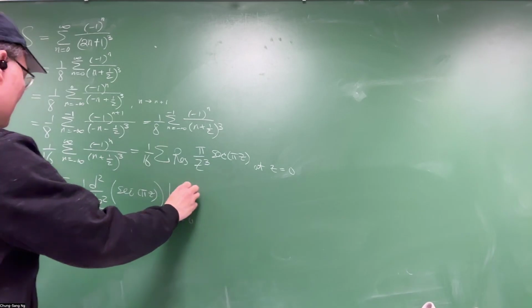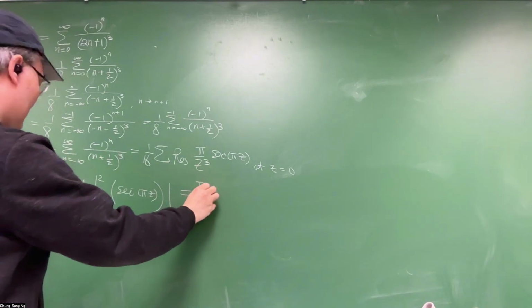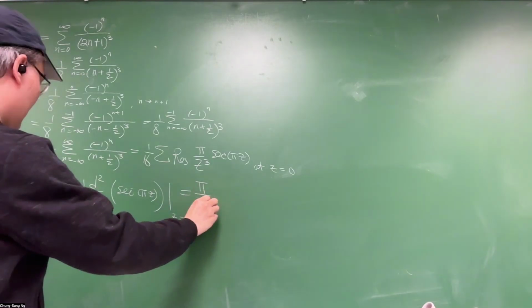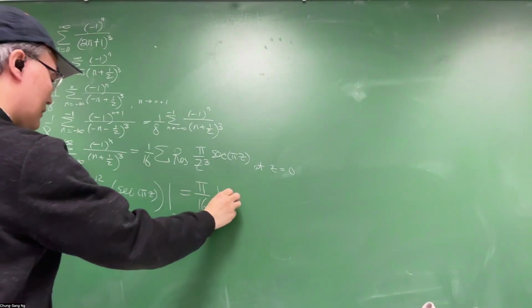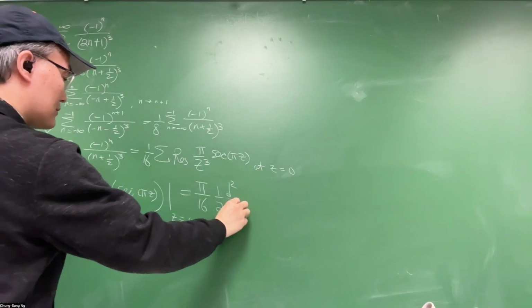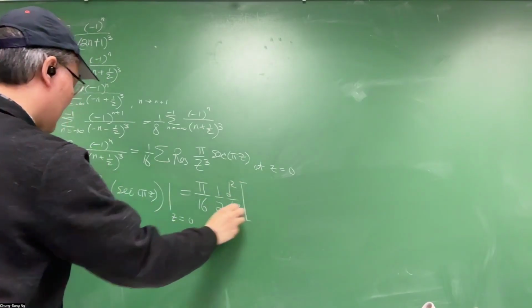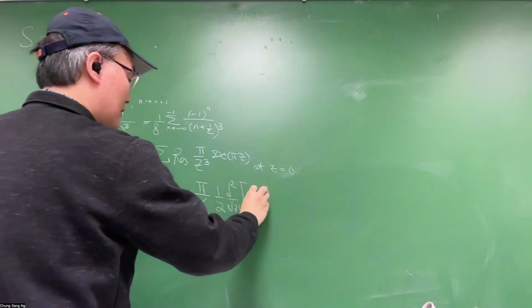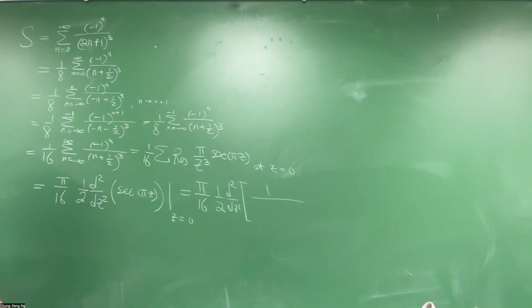That is fast enough. Let's keep at this. Secant is 1 over cosine, and we do the power series.